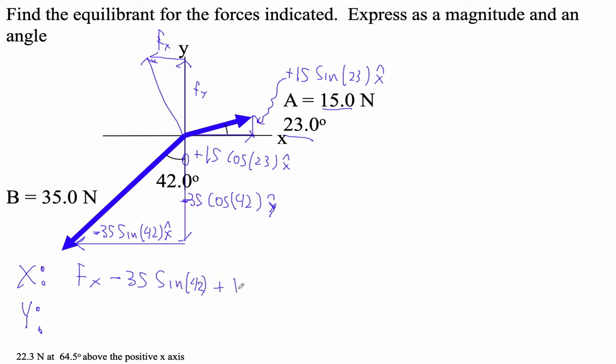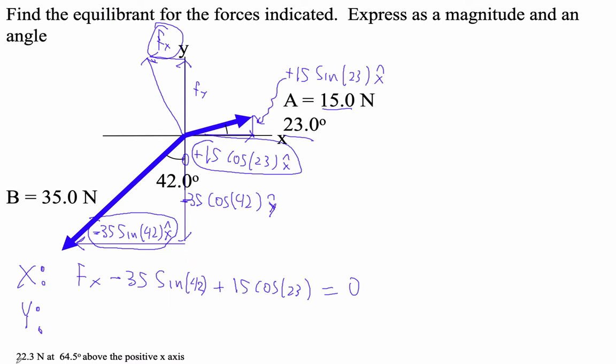Plus 15 cos 23 is 0. Let's just double check that. These are our components right there. There's an x component right there, and there's an x component, and there's an x component, and all three of those add to 0. Let's double check. Yep, and then yuppers. All right.